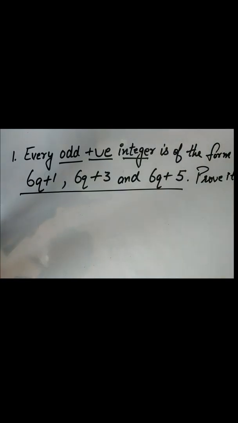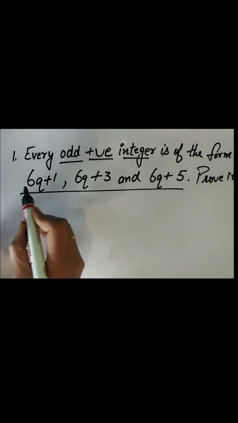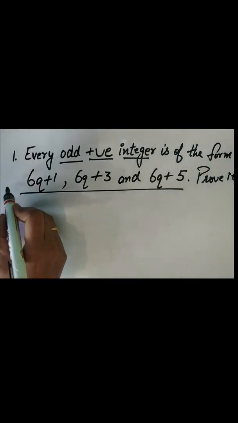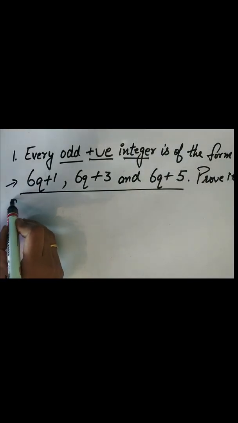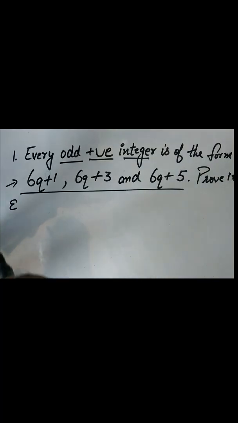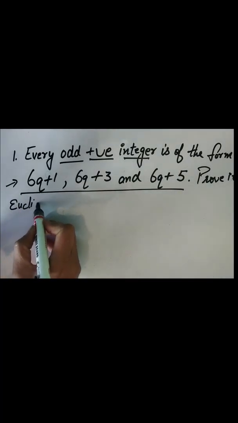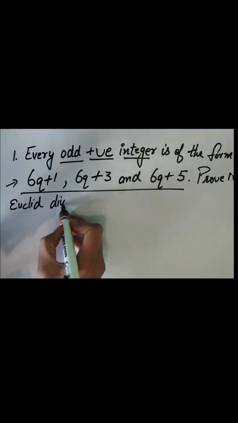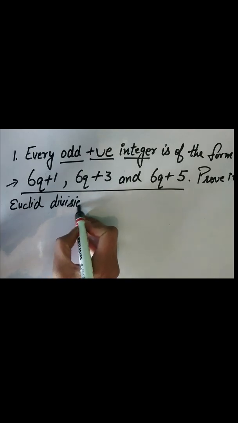So what are we doing with algebraic numbers here, and what does this question mean? Okay, see, based on algebra, Euclid proposed a division lemma, and he named it Euclid division lemma.